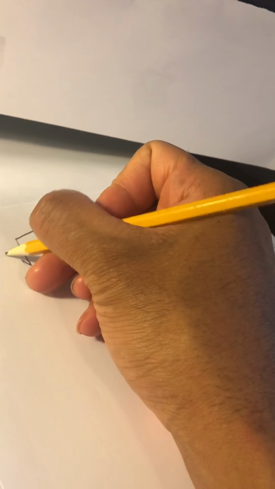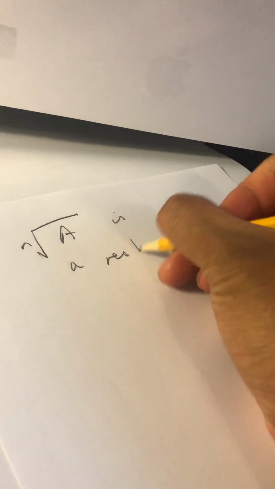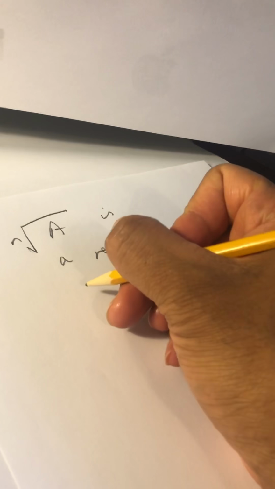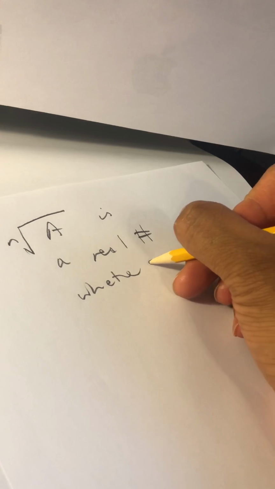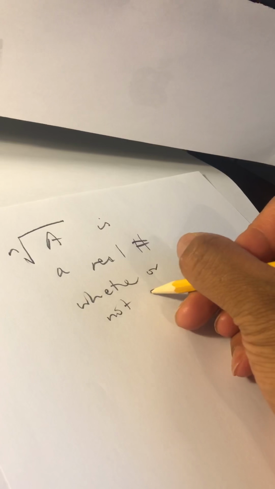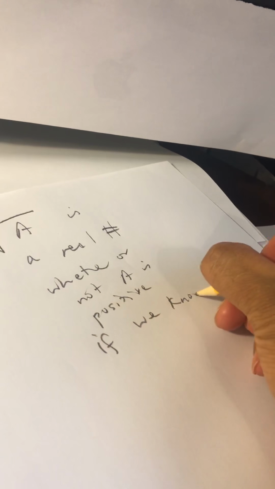Now that's very important because it doesn't matter what a is. The nth root of a is a real number whether or not a is positive, if we know that n, little n, is odd.